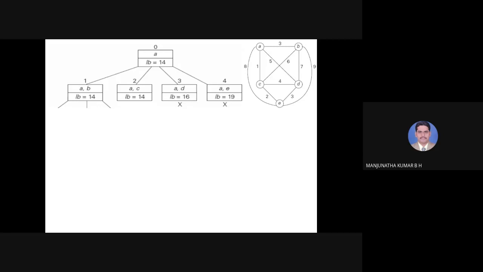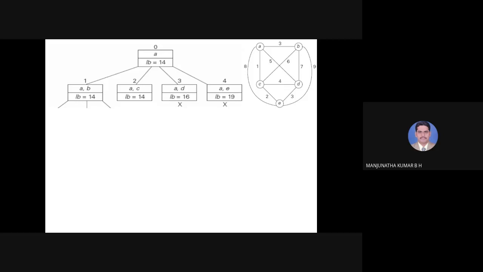I already explained how the lower bound for the root node is calculated. It is 14, by taking the nearest two vertices for every city, adding the distances, and dividing the total sum by 2. That will be the lower bound of the root node. It is 14.